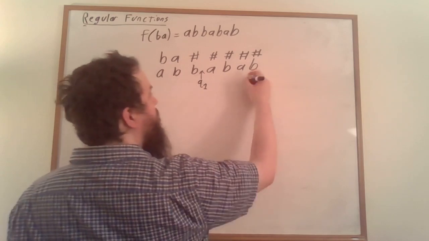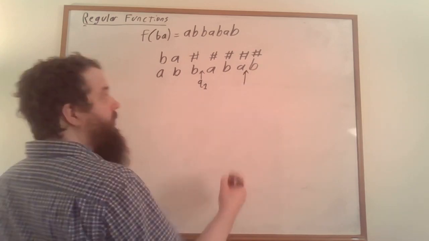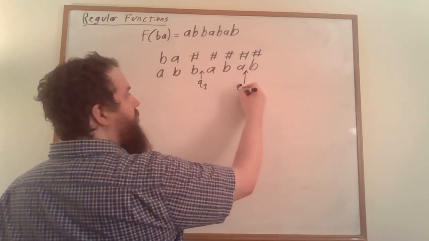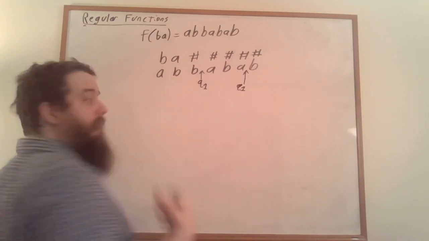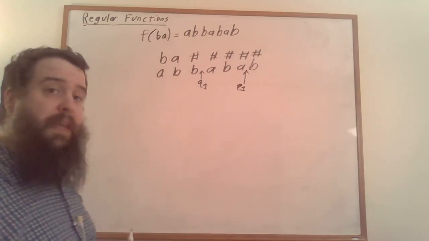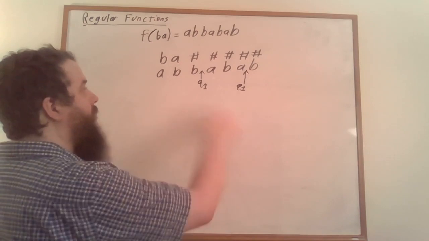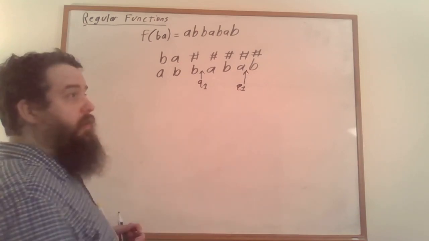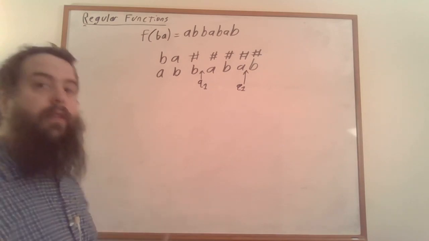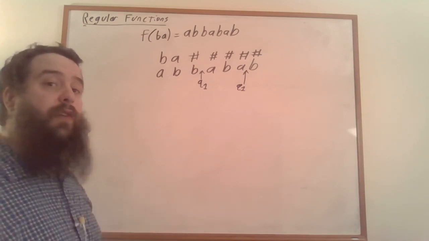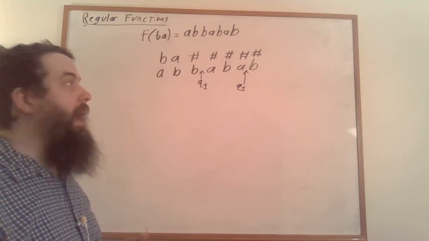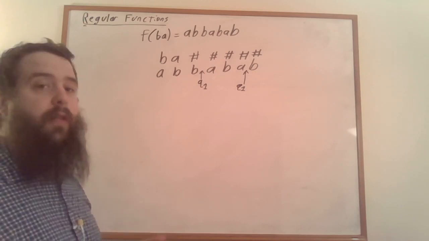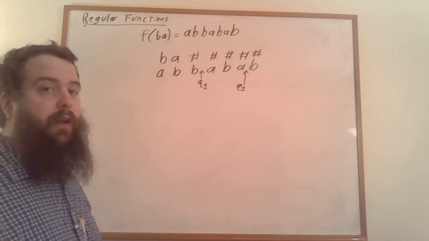And then suppose that at this point here, we're also in state Q1 after reading this A octothorpe. Then what this means is that we found a loop in the automaton diagram going from state Q1 back to state Q1. And we can follow this loop as many or as few times as we want, and it's not going to affect the overall operation of the automaton.